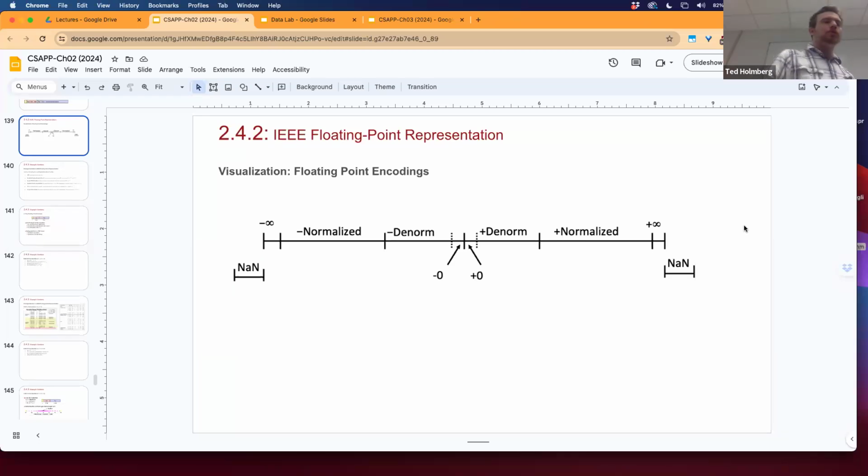Okay, so to really highlight why this is both good but comes with its own pitfalls, we're going to look at some toy examples of tiny floating point numbers. Now, the floating point numbers that you use inside your system are typically either single precision or double precision. That single precision is a 32-bit encoding.